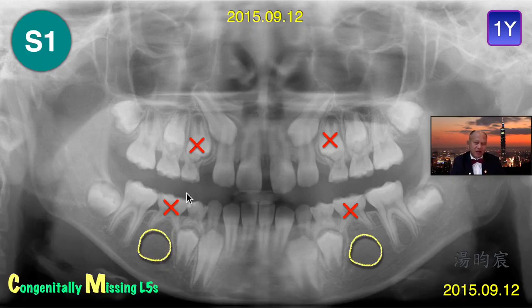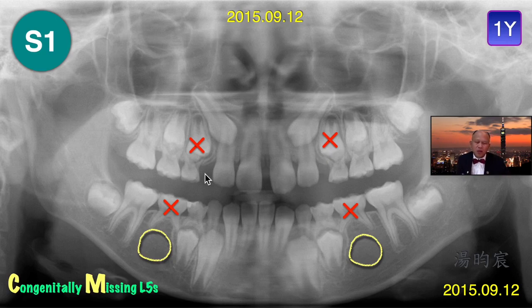I want to take out the upper first premolar and lower deciduous teeth. But unfortunately, the upper first premolar hadn't erupted yet. So what would be the most reasonable approach? Are you going to take out this baby tooth and then take out this? I don't think you need to do that at this stage.